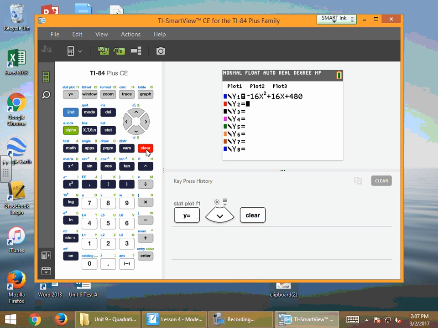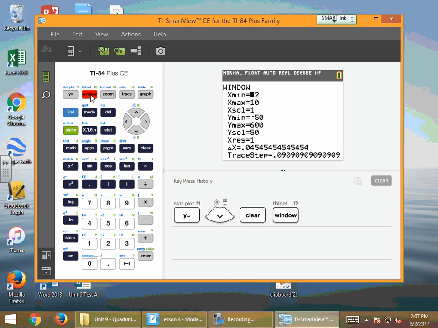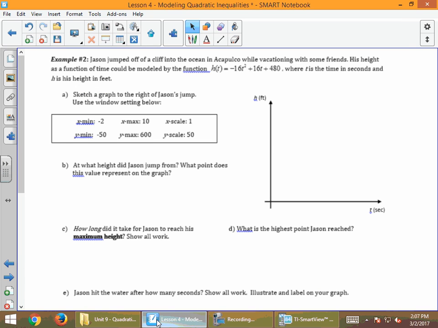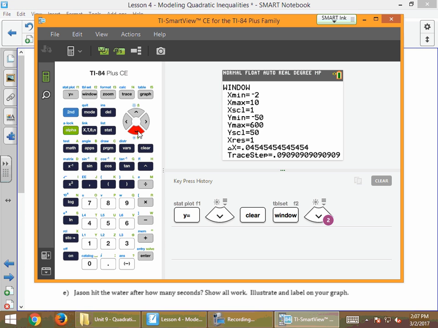And then once you have that function plugged in, you're going to click Window, and you're going to change the window settings to what is in the box here. You change your window settings to match what's in that box in your notes. It should look something like this. If you need help with that, let me know.